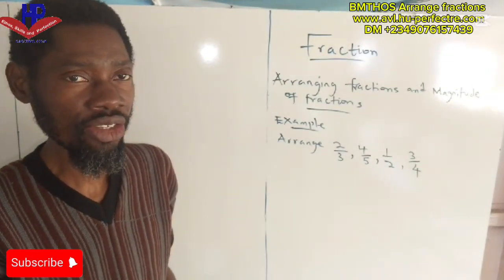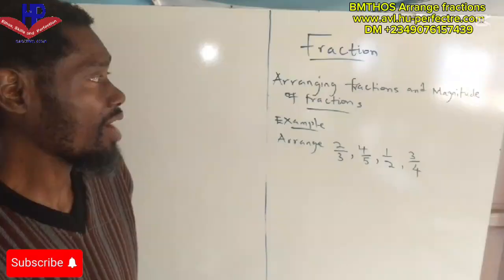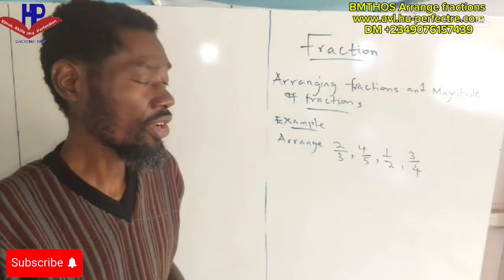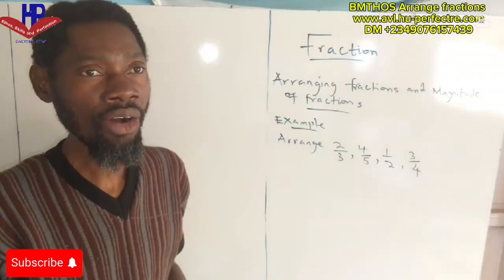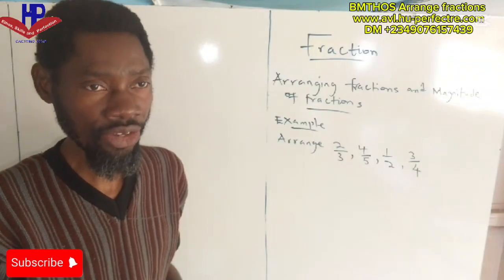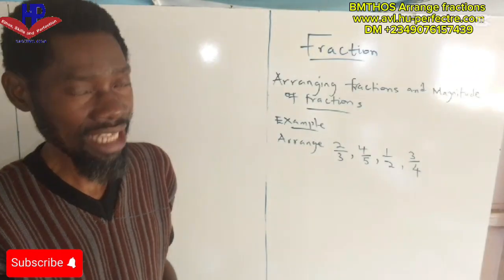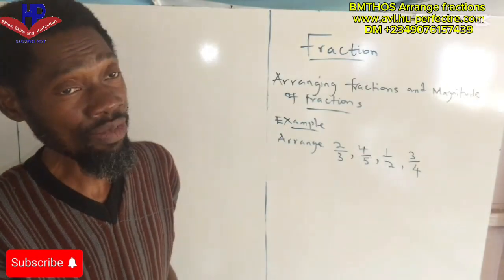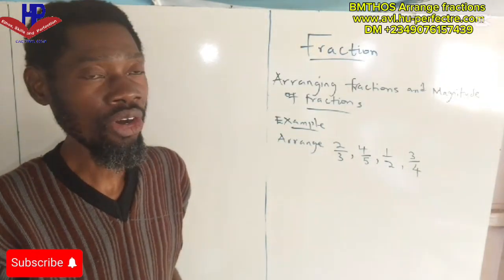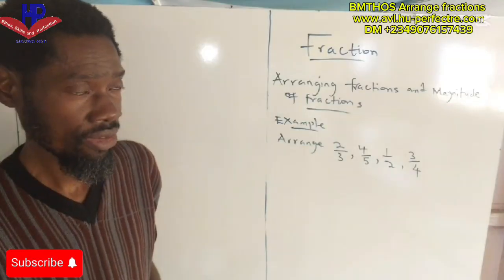Still on fractions, we want to consider arranging fractions and the magnitude of fractions: how to arrange fractions according to their sizes or magnitude, and also how to identify the magnitude or the sizes of fractions.